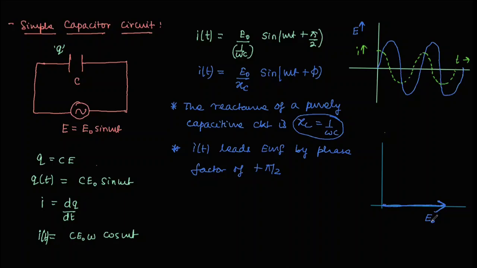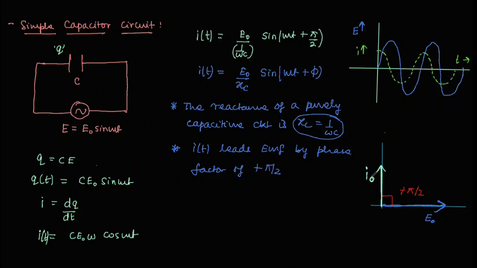The current is leading EMF with a phase factor of plus pi by 2. And since I said that they are an example of an anti-clockwise rotating vector, the angle is in an anti-clockwise sense, making an angle of pi by 2, and this is equal to I naught.